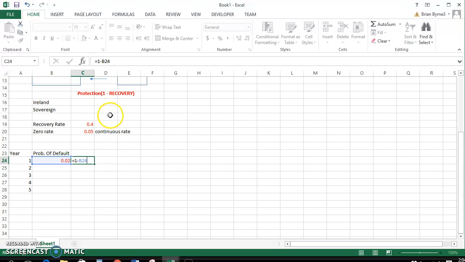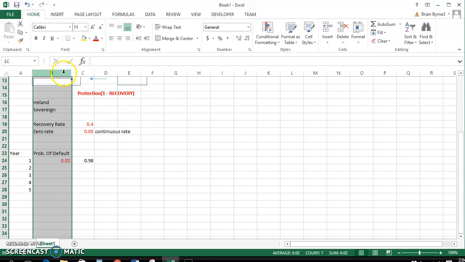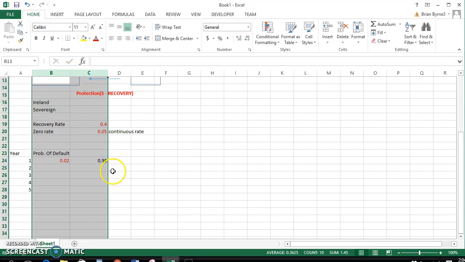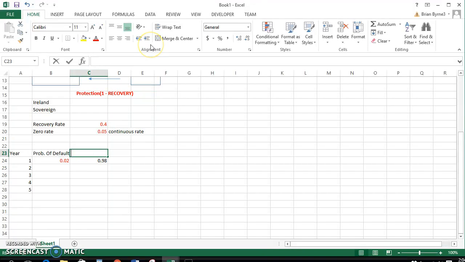How that actually translates, though, is a bit different, because we would have a survival probability, right? If the probability of default in 1 year was 2%, then the probability of survival to the end of 1 year would be 1 minus that 2%.